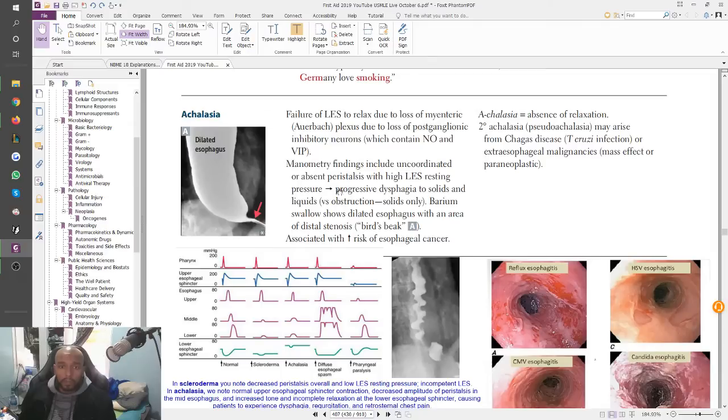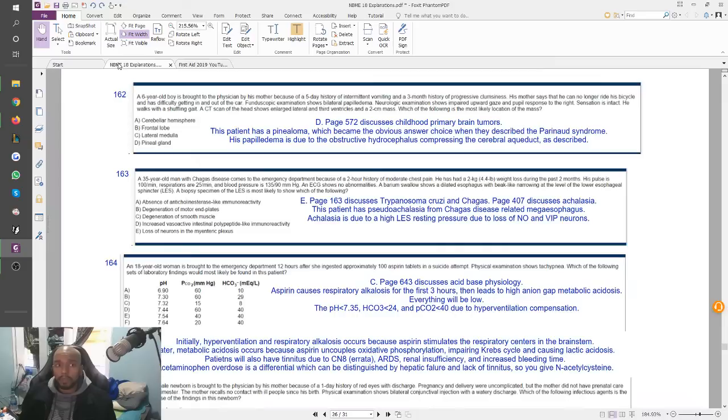And that was a giveaway for the fact that this patient has absent peristalsis with a high lower esophageal sphincter resting pressure, which means it's constricted, a high resting pressure. And that's kind of what you see right here. You see in achalasia, the resting pressure is super high compared to normal. Right, the line is much higher. All right, and this is due to loss of your myenteric Auerbach plexus. Right, so no NO or VIP is being released.